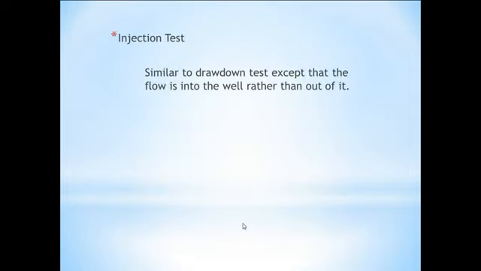In an injection test, what we do basically is start injecting into an injection well that was initially shut in. Here the input that we are providing is in the form of change in the injection rate rather than the change in production rate as we do in the drawdown test.